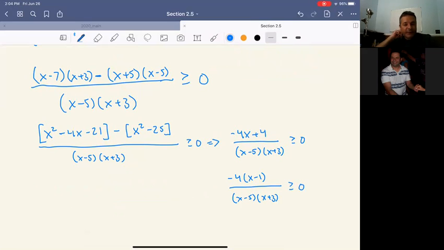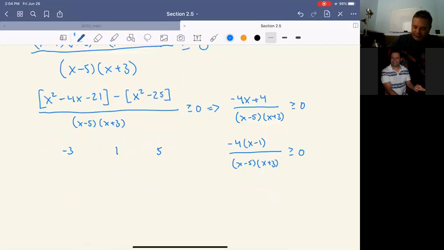And now I'm going to make my sign chart. So where are my roots? I have negative 3 is an asymptote, 1 is a root, 5 is a root.